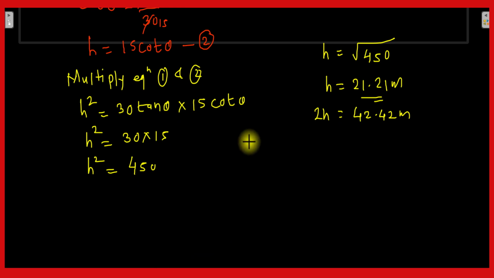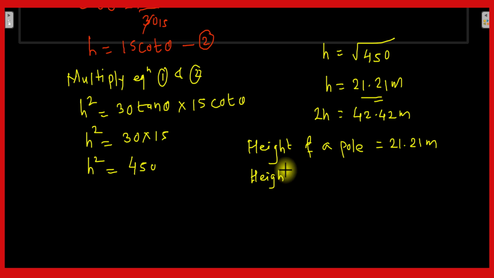So the height of one pole is equal to 21.21 meter, and the height of the other pole is equal to 42.42 meter.